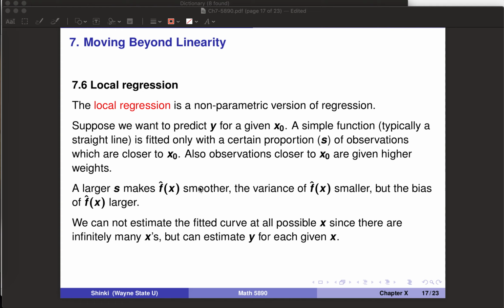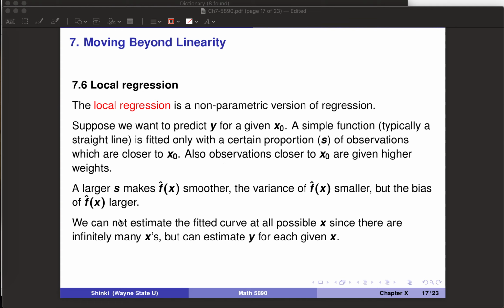Then we use all observations, and if we put equal weight on all observations, then f hat of x is just y bar. So it's very smooth. The variance of y hat is small, but the bias is larger. If we fit f of x equal to a constant, of course it has large bias at many points.